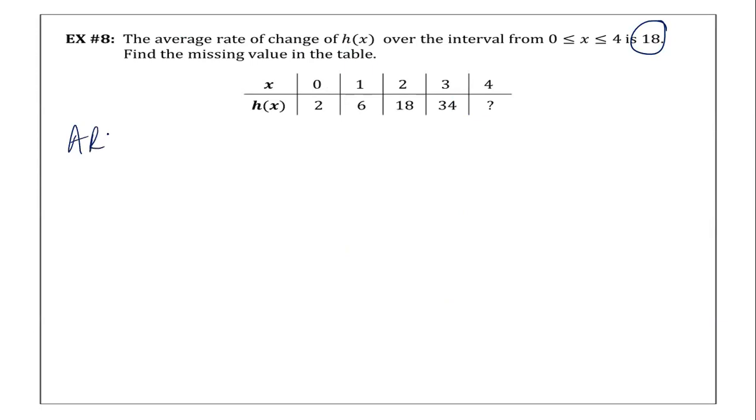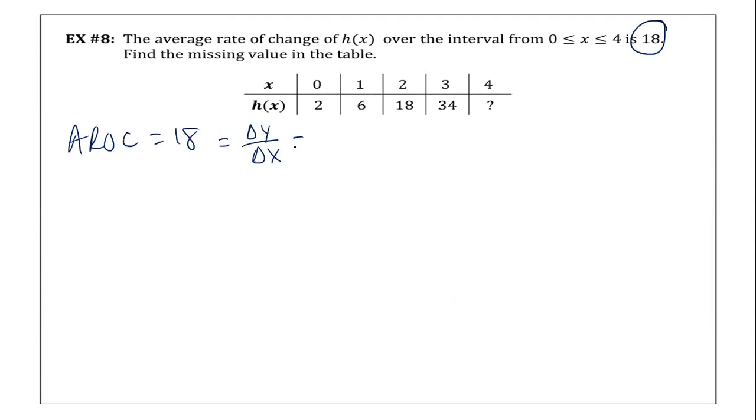So we know that our AROC equals 18. It wants us to find the missing number. We're going to have to set up and find it. So we know that 18 equals the change in y over the change in x, because that's our average rate of change.